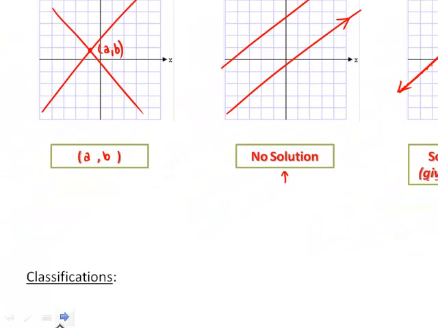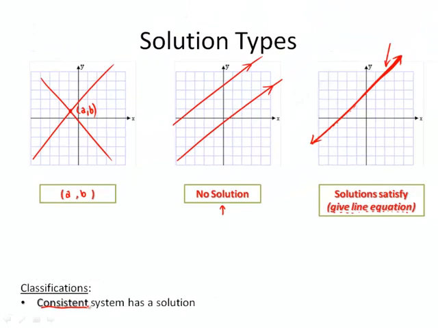We have some further classifications here. One is that a consistent system has a solution. So let's classify these answers. The green boxes would be the answer that you would provide. But is this first system consistent? Well, it has a solution, so yes, it is consistent.